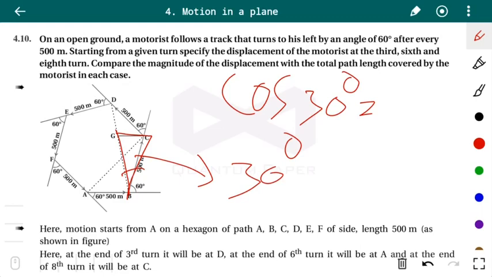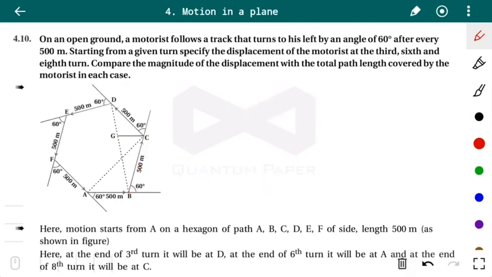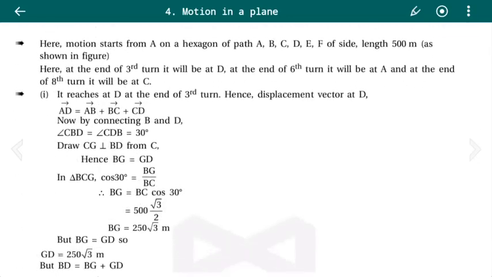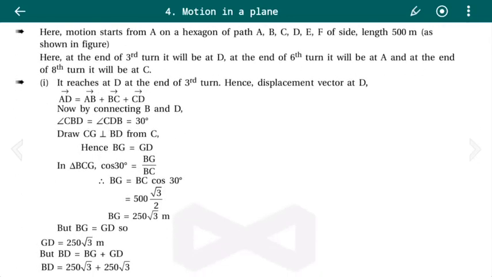Adjacent is BG, hypotenuse is BC. So cos 30 degrees is equal to BG upon BC. So BG equals BC cos 30 degrees.